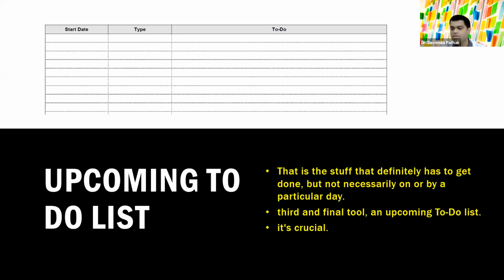You write it down, visiting my sister's house, visiting my brother. So you should have all those upcoming to-do lists. That's also very crucial, and this is the third and the final tool you must have.